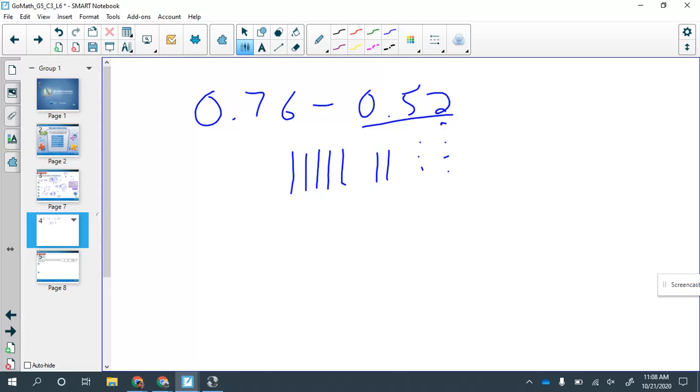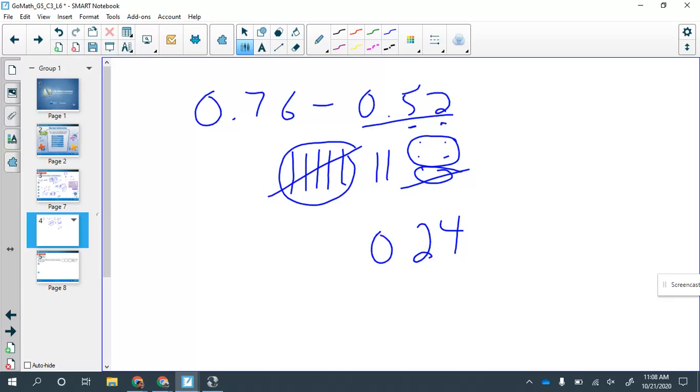Well, we would start here in the hundredths place, so we would take these two and cross those off, which would leave me with 4 in the hundredths place. I would take these 5 and cross those off to deal with the tenths, and I would have 24 hundredths left over. So we don't always have to regroup the hundredths place. All of those examples just happen to do that.